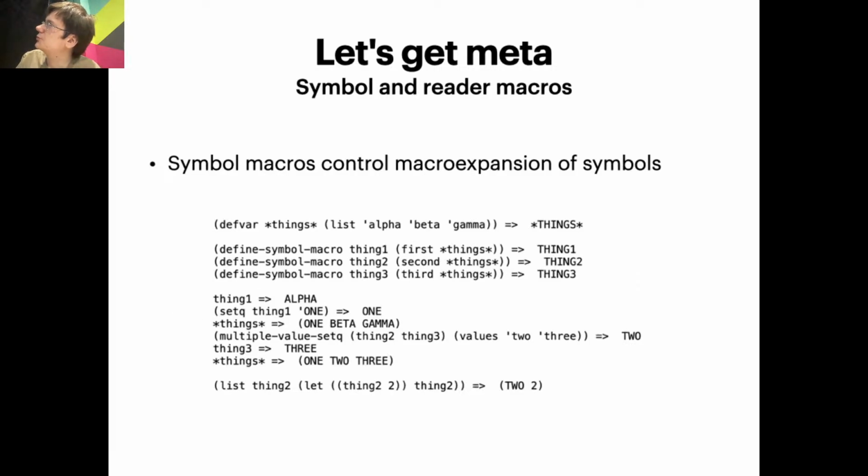So the symbol macros control how symbols are evaluated. This is one example. We have a variable things that is a list of 3 symbols, alpha, beta, and gamma, and we define 3 symbol macros for 3 symbols, thing1, thing2, and thing3, and we assign that these symbols actually expand to a form that gets one of the values of this list in the variable.